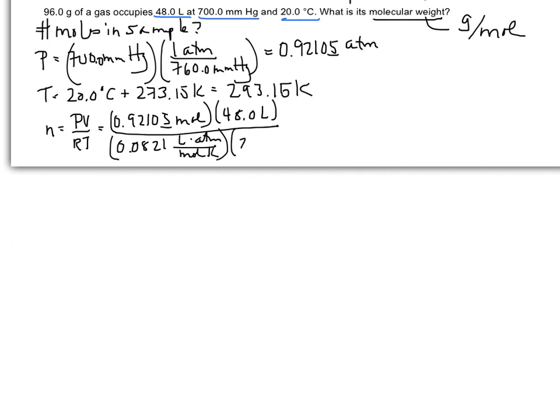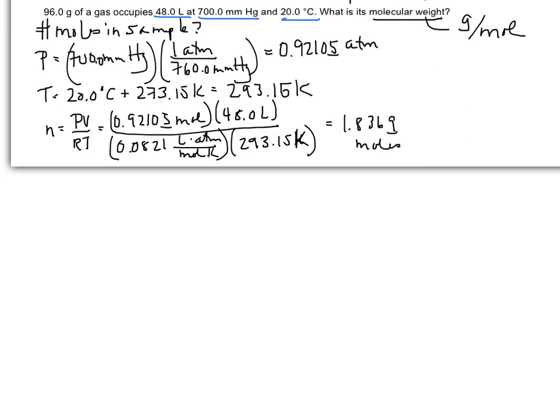And my temperature, which is 293.15 K. And that gives me 1.8369 moles of gas.